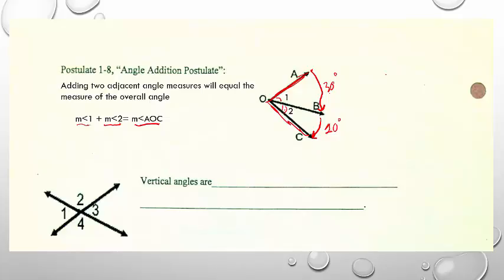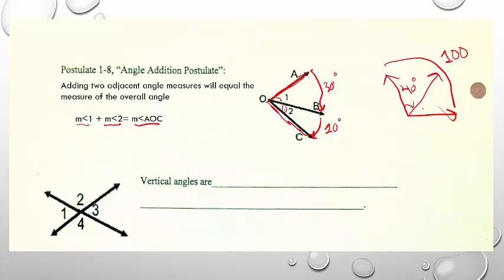So let's look at an example where we'll do an obtuse angle this time. And we'll say this is 40 degrees in here. And we'll say the whole thing is 100. Well, I wouldn't add 40 and 100 and set it equal to this angle.